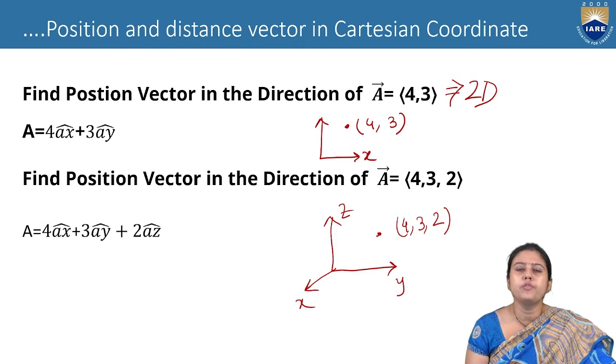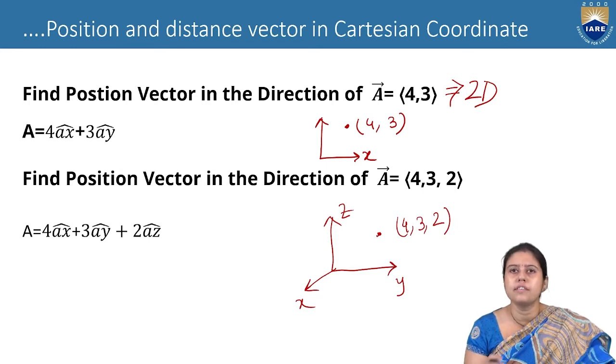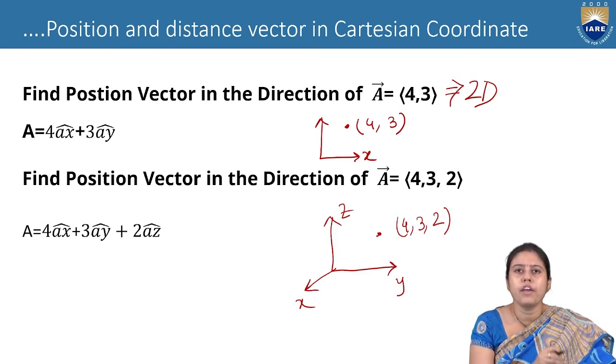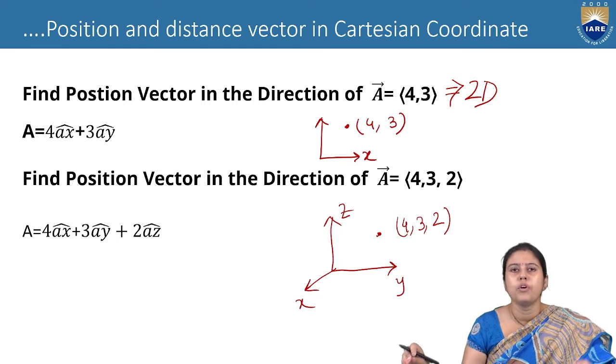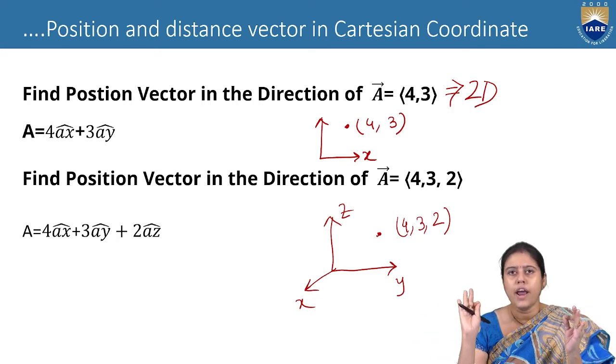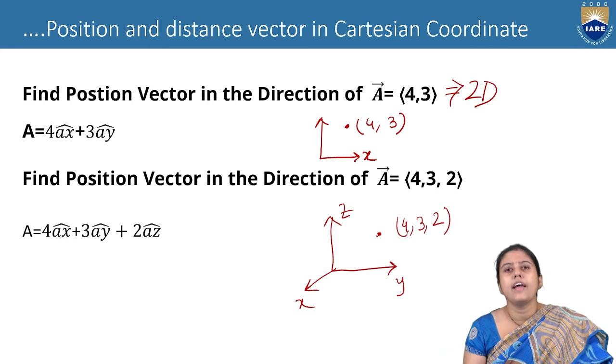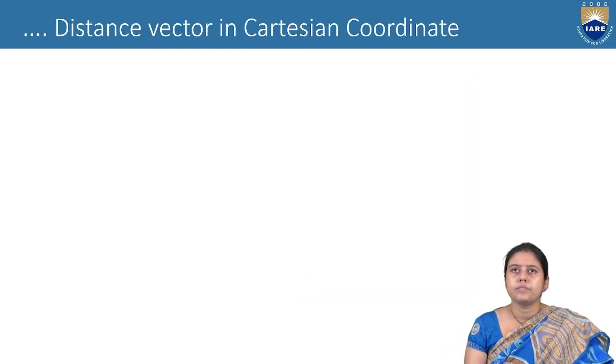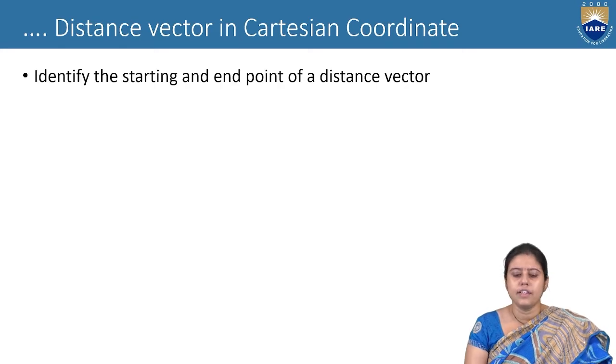Now if we have 2 points, one car is moving from the institute to your home. So one point is the institute, another point is your home, and how do we calculate the length? This is called the distance vector.